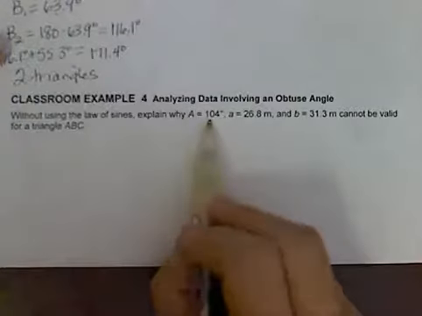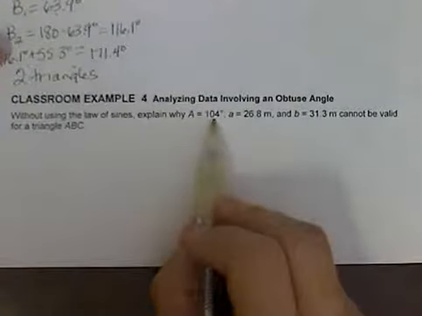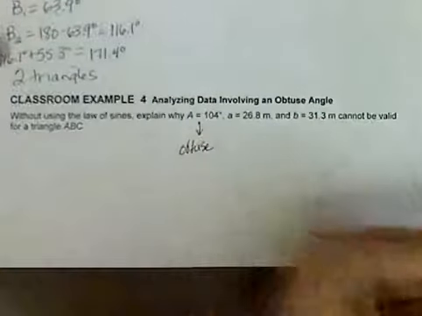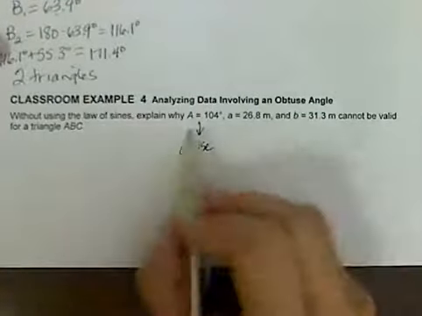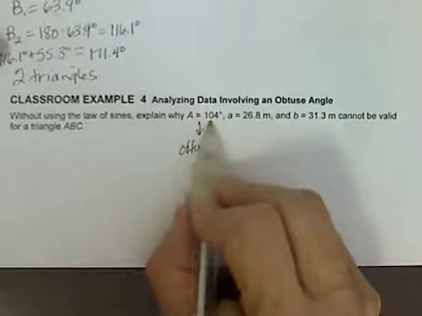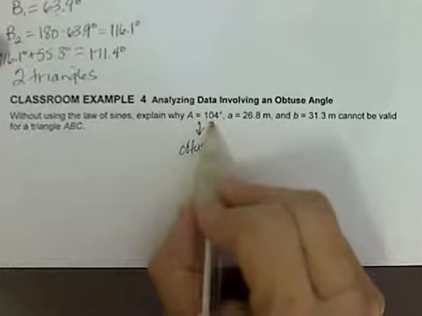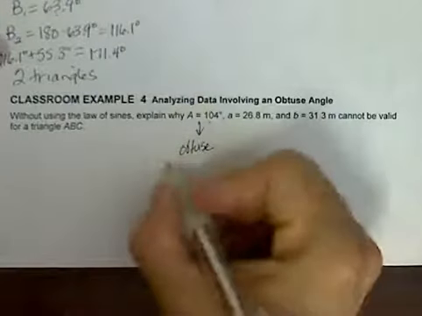The first thing to notice here is that the A in this one is an obtuse angle. In other words, it's greater than 90 degrees. You can only have one obtuse angle in a triangle. So that means that this has to be the biggest angle in the triangle.